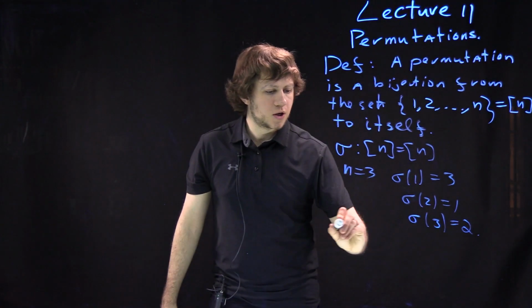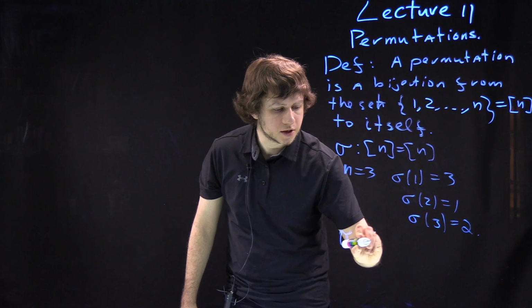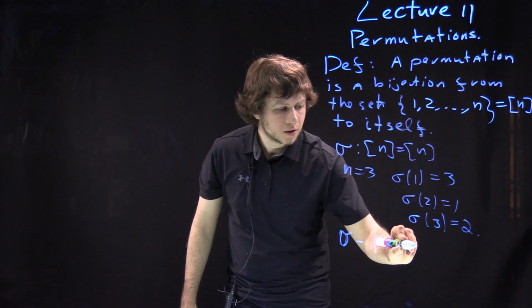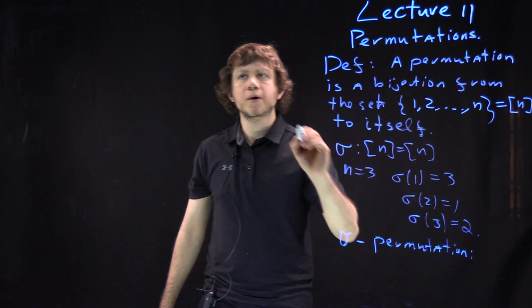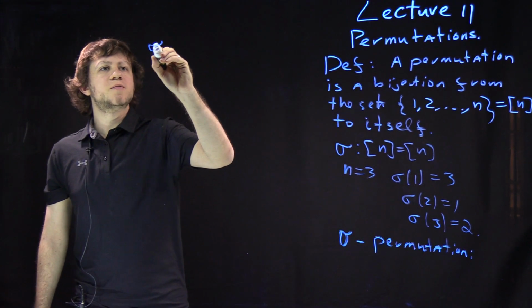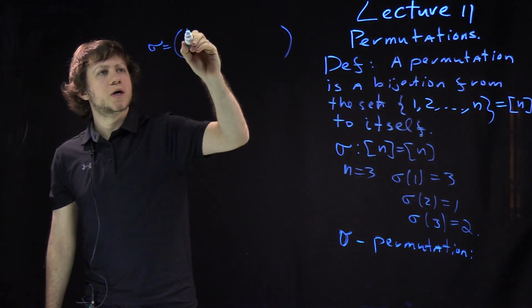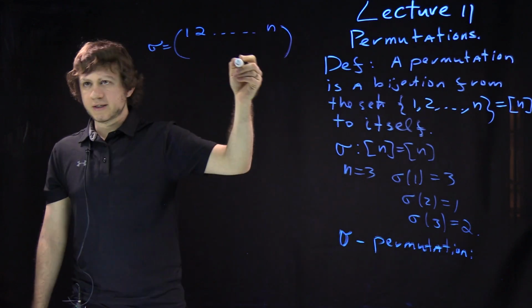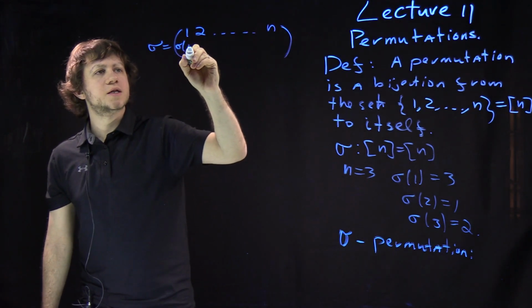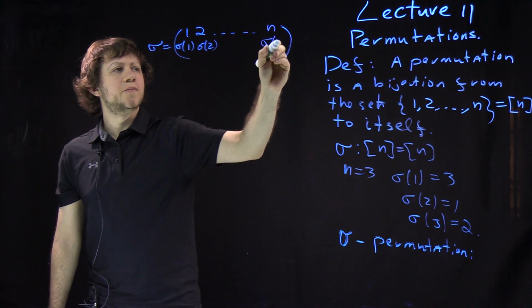So suppose we have a sigma. This is a permutation. Then one can write it in the following way: sigma as, in brackets, kind of a matrix, where in the first row you have all the elements from 1 to n, and in the second row where they go, like sigma of 1, sigma of 2, and so on, sigma of n.